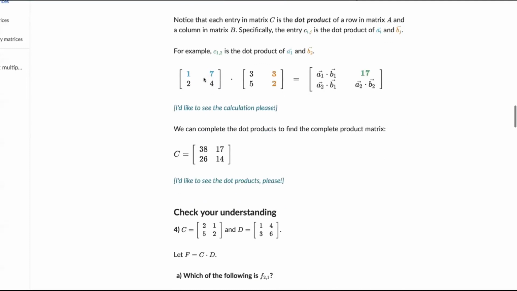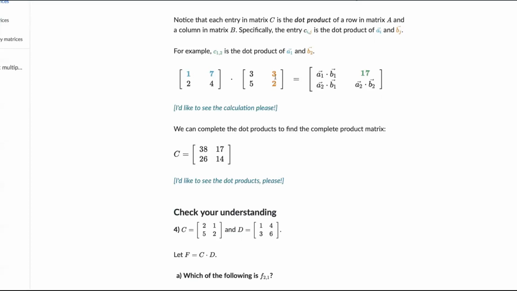Actually, this one, class, for example, 1, 7 times 3, 5. That's how you do it. So what is 1 times 3? 1 times 3, 3. 7 times 5, 35. Plus 3, 38. That's how you do it. It's first row, first column, so you will get the 1, 1 entry here. So 38.